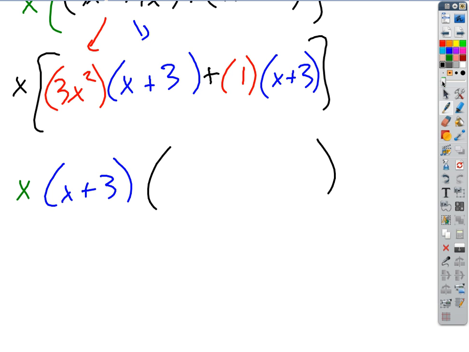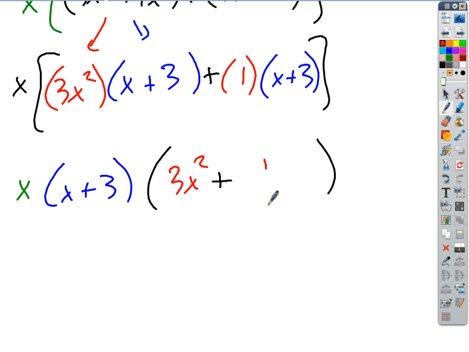I'm left with 3x squared plus what? 1. The 1 is there. If you didn't realize it was there, you would have just said 3x squared, which would have been wrong. Because when you divided x plus 3 away, well, x plus 3 divided by x plus 3 is 1. There's a 1 left behind. Right? Does that make sense? That part is the most common mistake, guaranteed. Every year, that's the one I see the most. And so there's the fully factored polynomial.